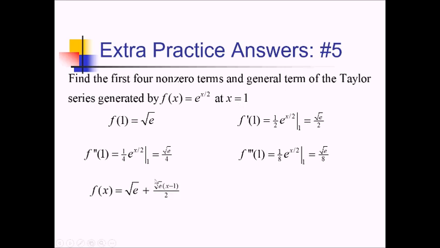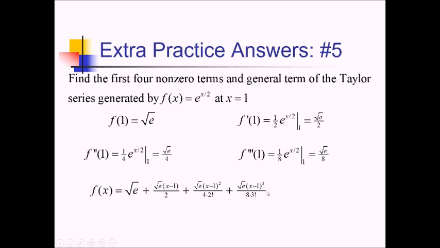So I could write that as radical e parentheses x minus 1 all over 2. Next, I've got radical e parentheses x minus 1 squared over 4. But don't forget there's also a 2 factorial in your denominator that always comes along with that second derivative. And we've got this third derivative that, be careful again, because this always has a 3 factorial downstairs. So we're going to have plus radical e parentheses x minus 1 cubed over 8 times 3 factorial.